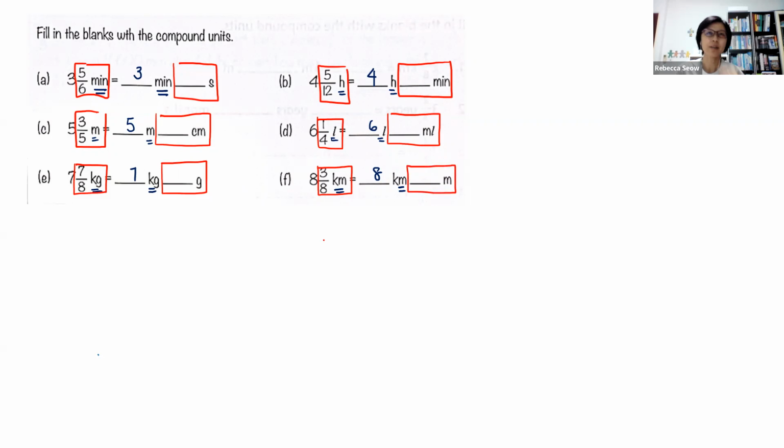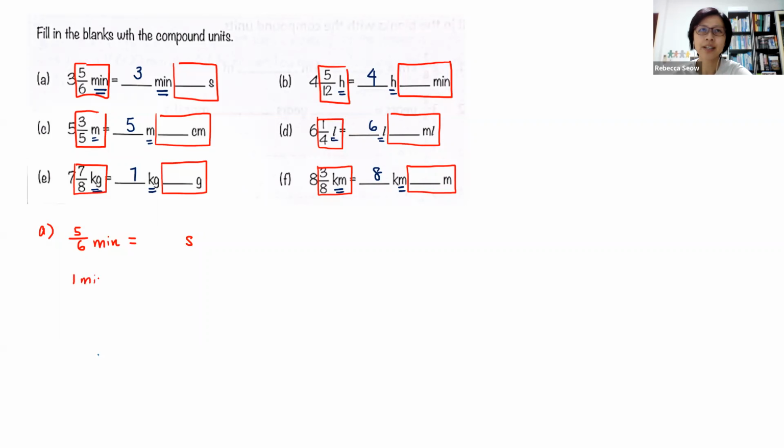What are those red squares implying? Basically, if we refer to A, we are asked to convert 5 out of 6 minutes into seconds. Isn't that what we are being asked to do for the previous question? So just a recall, we're looking at minutes being converted to seconds.